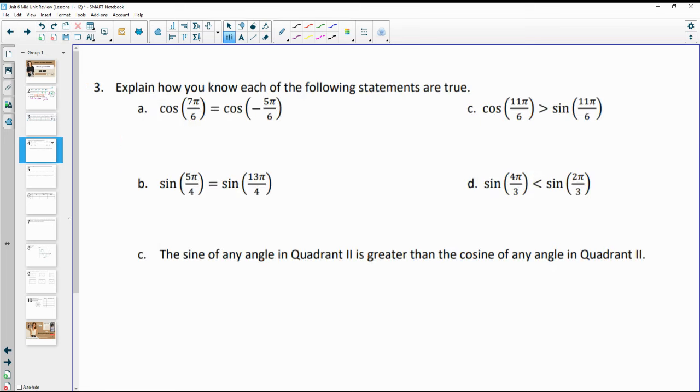Number 3, explain how you know each of the following statements are true. So how do we know that the cosine of 7 pi over 6 is the same as the cosine of negative 5 pi over 6? If we take a look at our unit circle, when you look at 7 pi over 6, this would be 6 pi over 6, here would be 7 pi over 6.